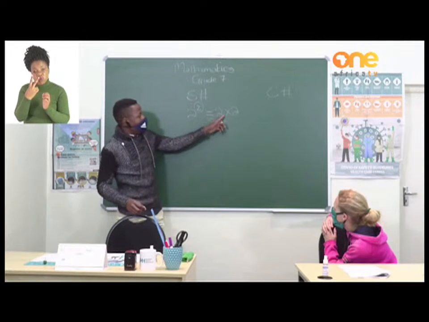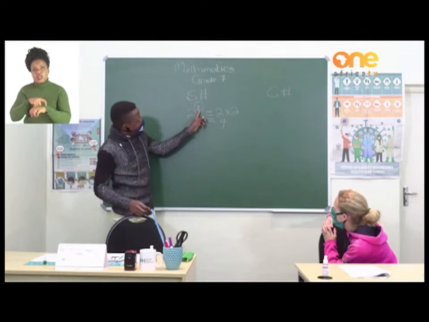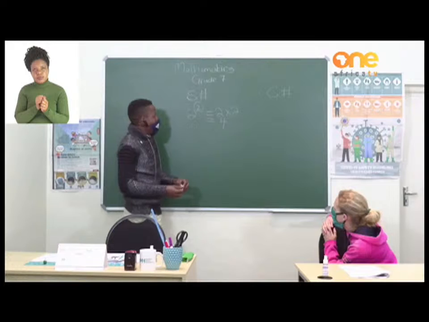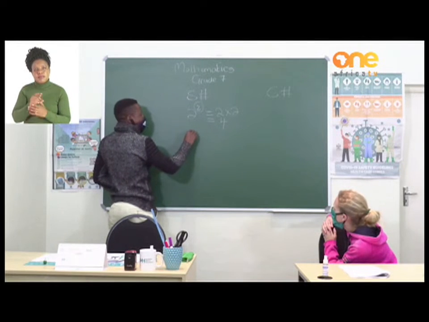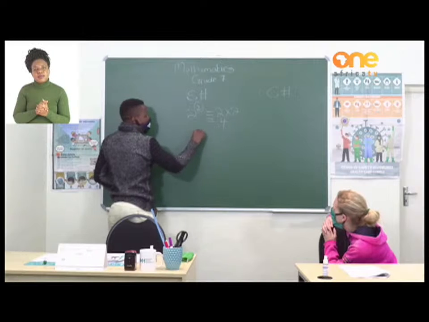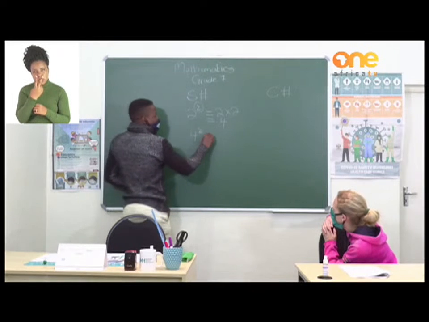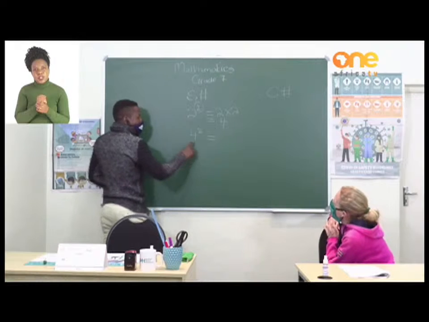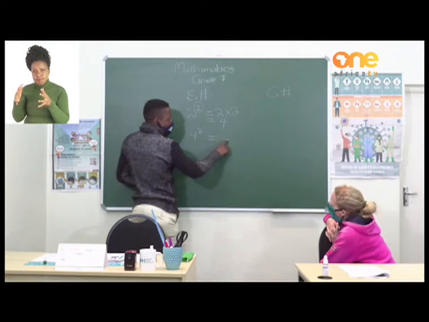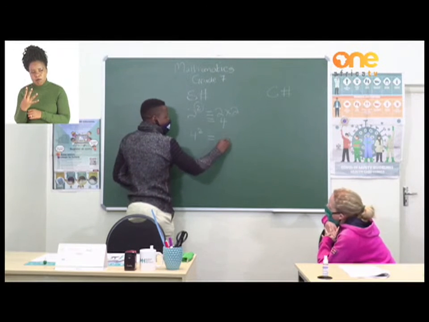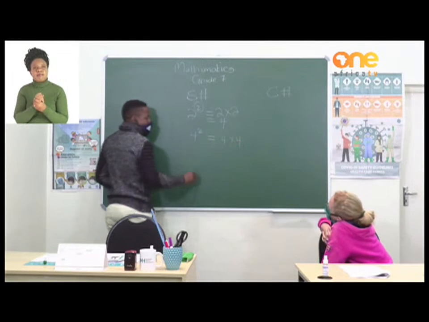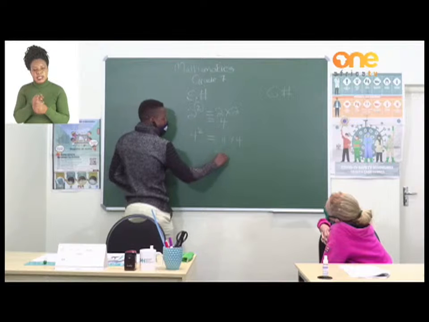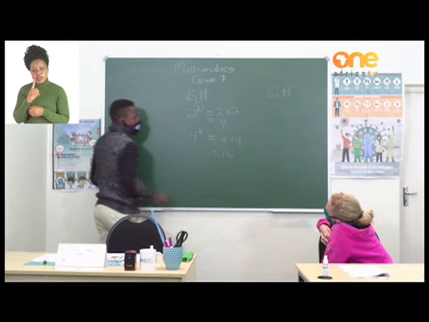These 2s have to appear twice. That's why there's a 2 here. I can give another example. For example, we have 4 squared. 4 needs to appear 2 times. So it has to be 4 times 4, and that should give you 16.